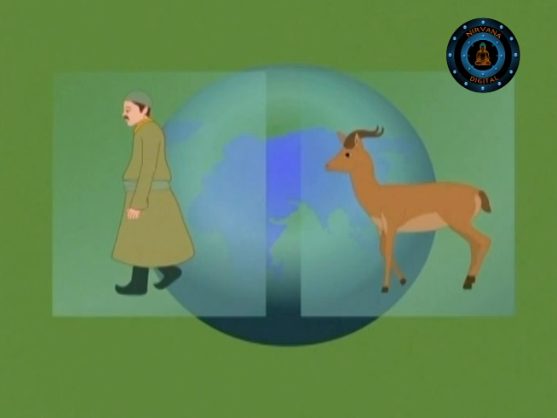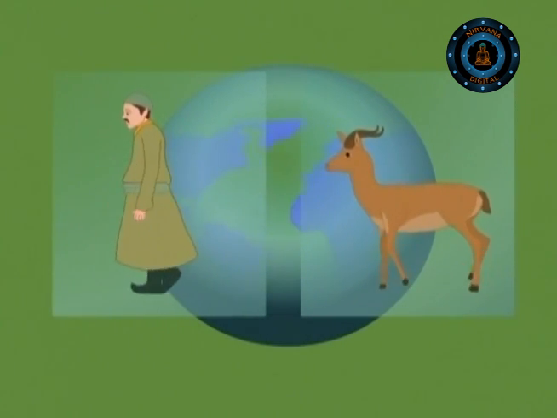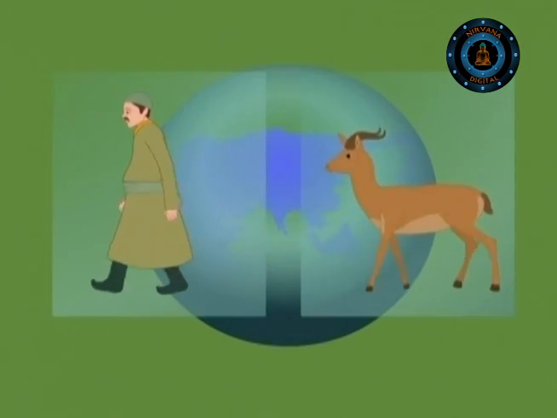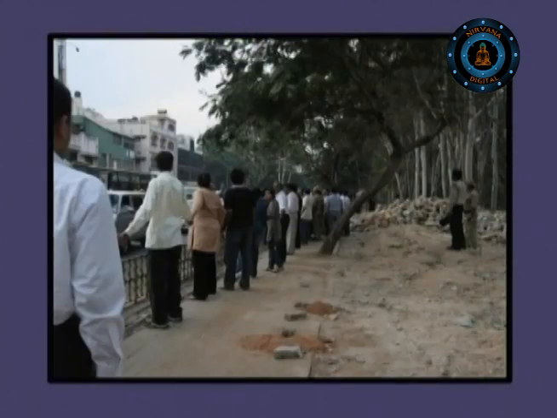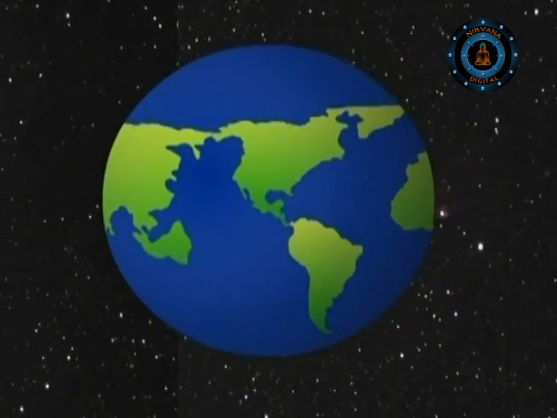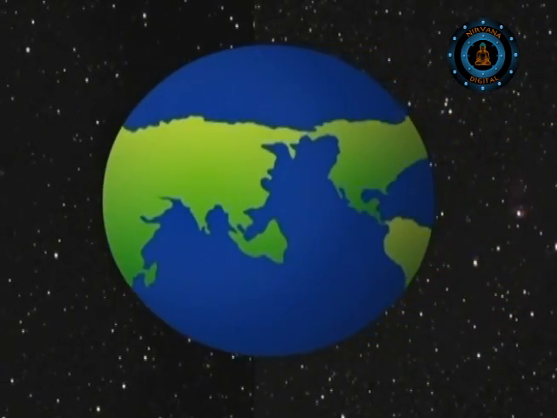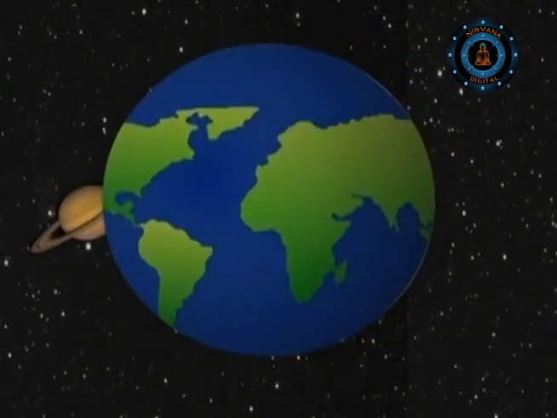But if the human race is to survive along with the other species on planet Earth, then it is time to wake up, take notice and do something about it. Or else, the only planet in our solar system supporting life will become just like other planets, barren and lifeless.